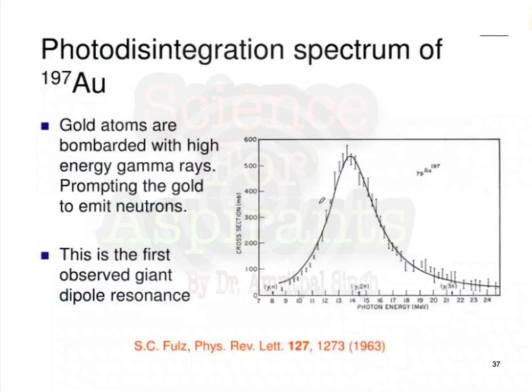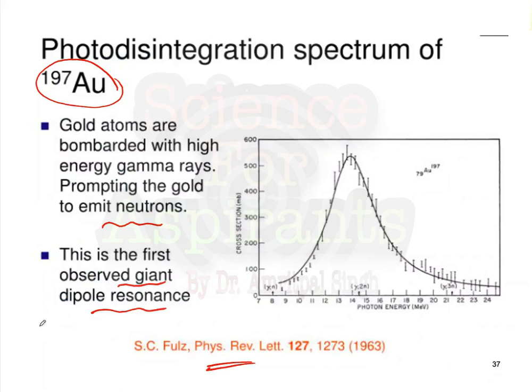So they have experimentally proved how the photodisintegration spectrum of gold happens. The gold atoms, when bombarded with high energy gamma radiations, emit some neutrons, and this neutron emission is due to the giant dipole resonance, as you can see from this graph.